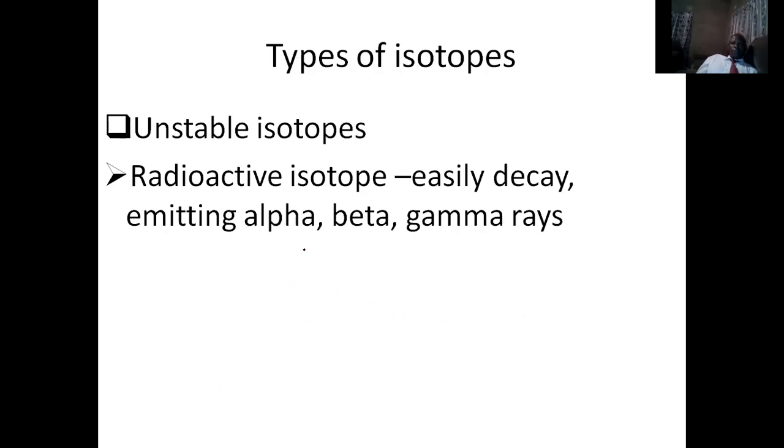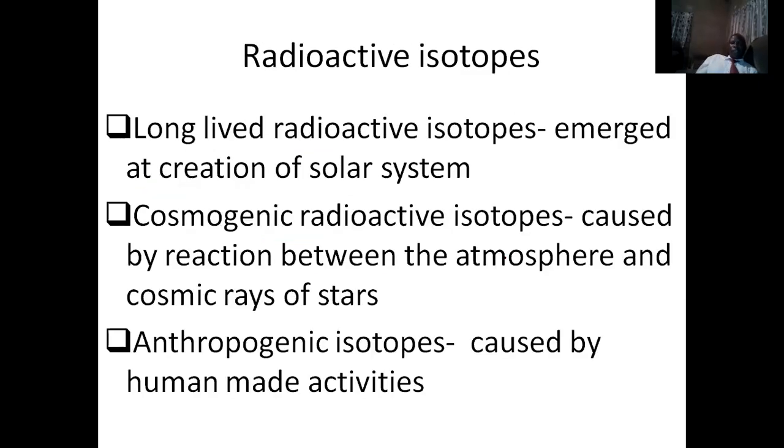The other type of isotopes are the unstable ones, and generally these unstable isotopes are radioactive in nature because they easily decay and they easily emit alpha, beta, and gamma rays. So radioactive isotopes can also be classified according to how they are formed.